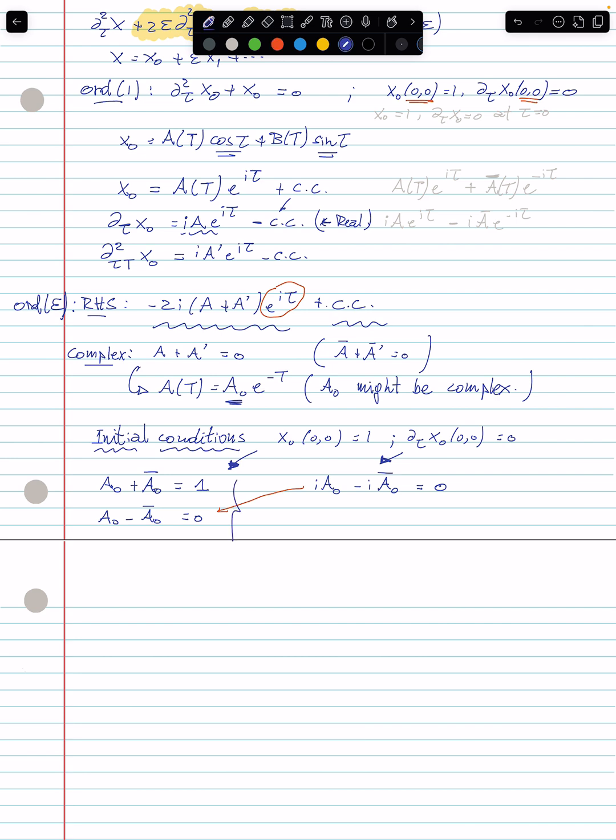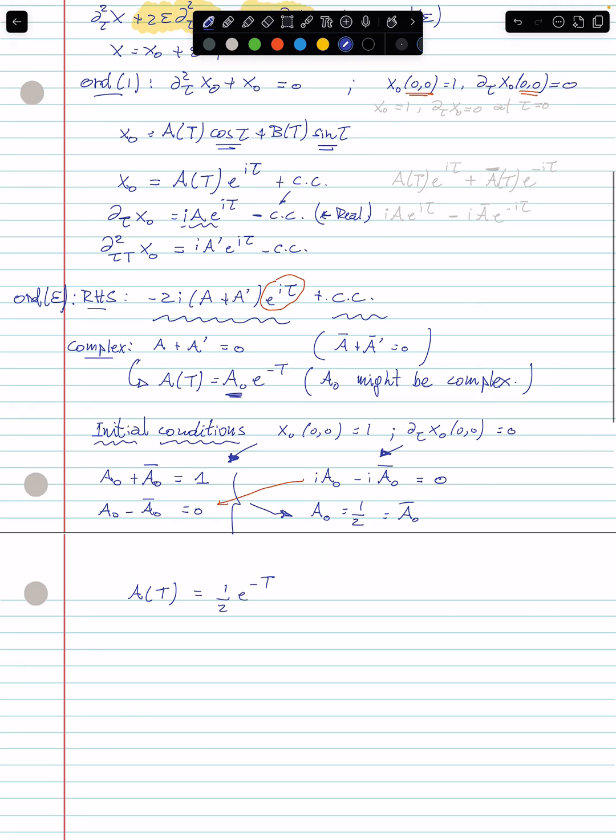All right, so if you combine them two, you find that a0 is equal to 1/2. And of course, this is the same for the complex conjugates. And so it just means that the amplitude, possibly complex amplitude, is equal to 1/2, and it decreases exponentially.